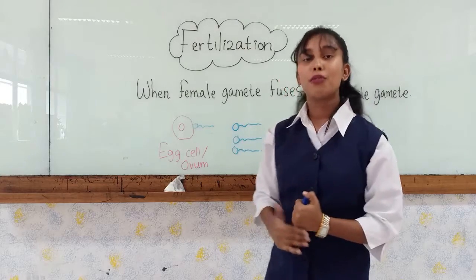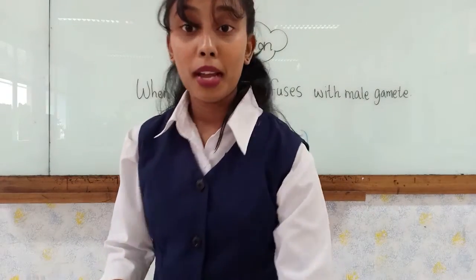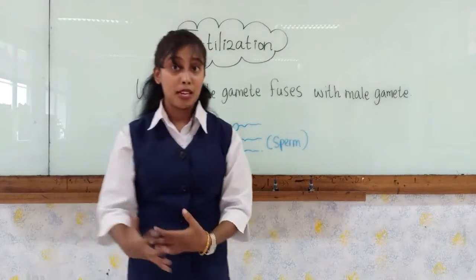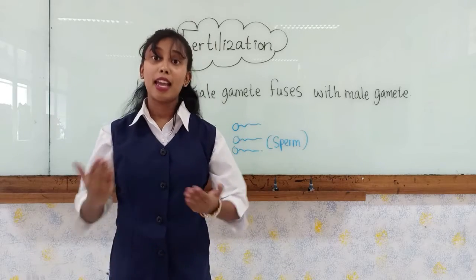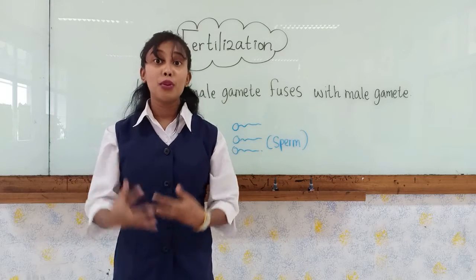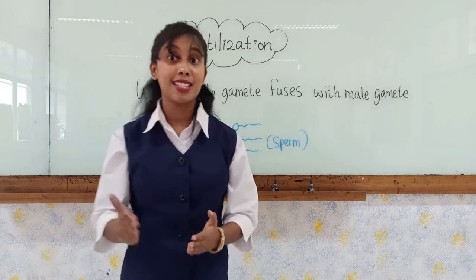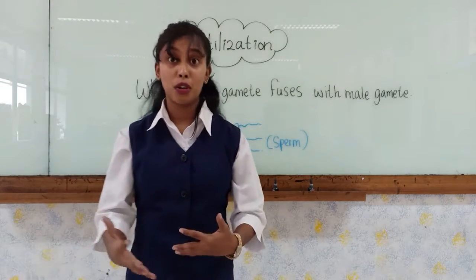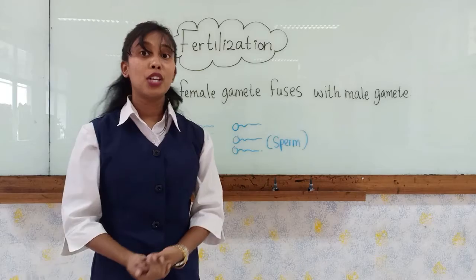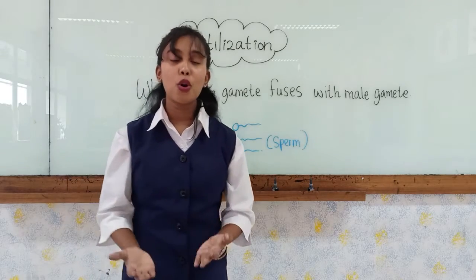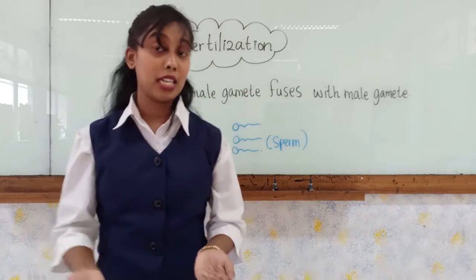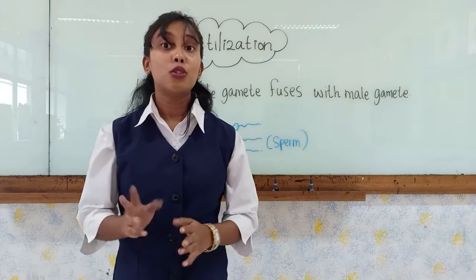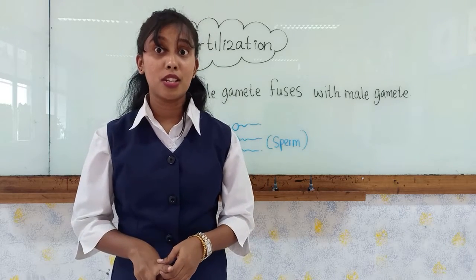So remember, fertilization is when a female gamete such as an egg cell or ovum fuses with a male sex cell we call sperm. That is fertilization. When we talk about fertilization, there are two kinds.